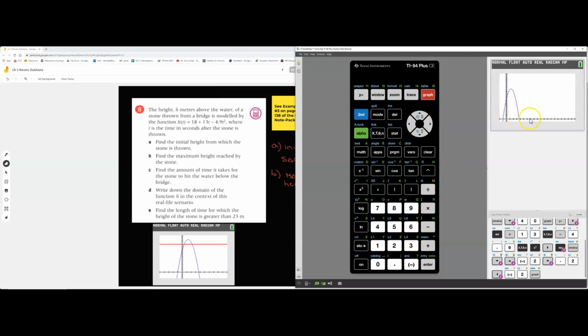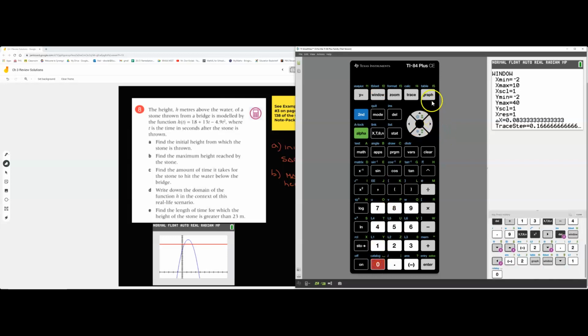Okay, so there's our graph. And we didn't really need to go out too far on the x's, so just so I can get a little bit better look, I'm going to change the x max to like 10. There we go. And spread it out a little bit. Okay, so we want to find our max now.